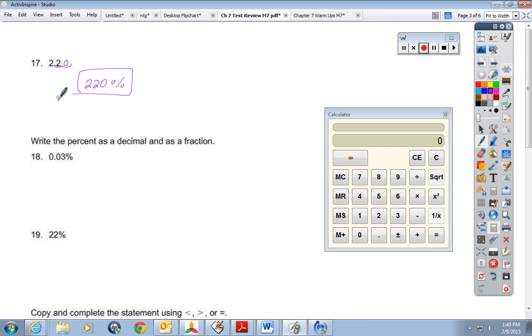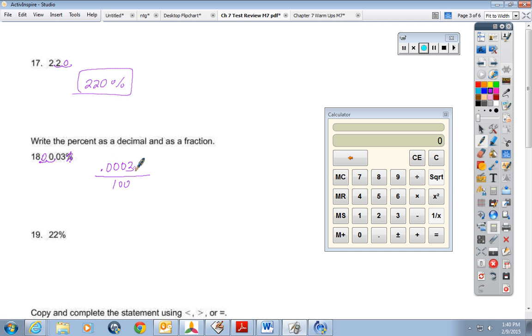Write the percent as a decimal and as a fraction. So to make a percent a decimal, we move the decimal place 2 places to the left, and we eliminate the percent sign. So it would be 0.0003. Now, if we wanted to write that as a fraction, we would put it over 100, and then we would have to say, what do we have to multiply this by to get rid of the decimal place? 1, 2, 3, 4.